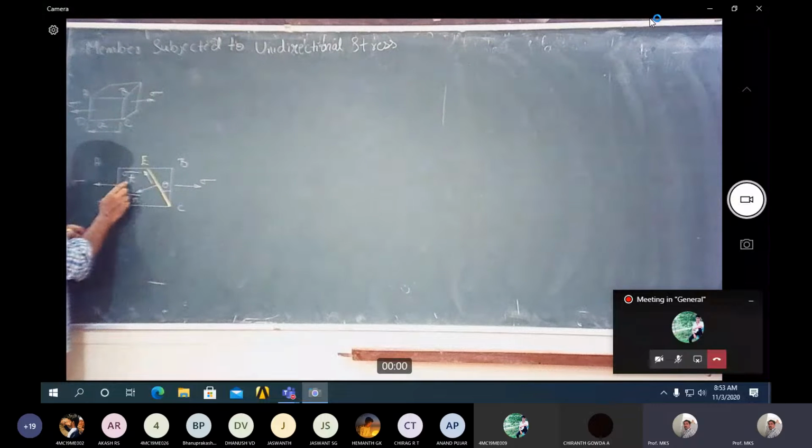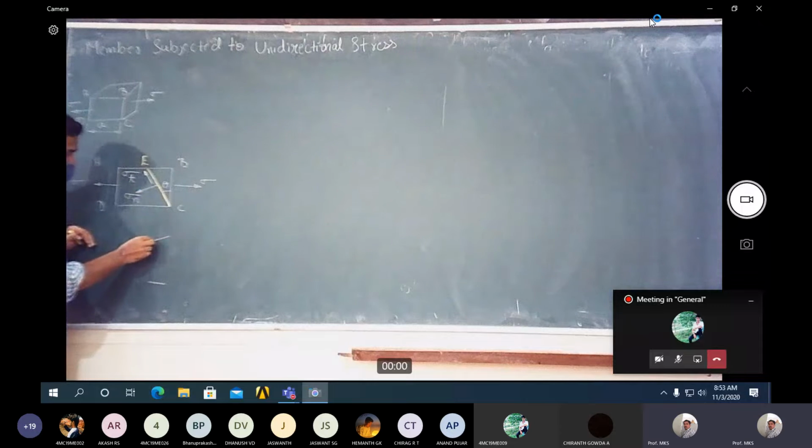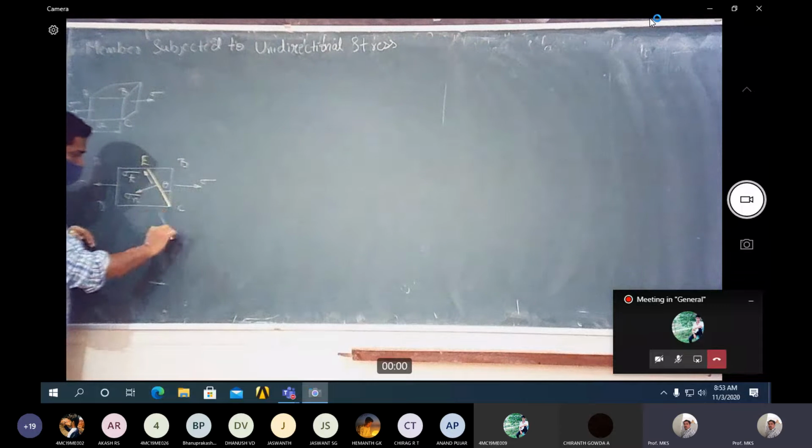So here you need to be careful to resolve the forces. Whatever direction we have considered here, I take as positive. I have taken the normal force in this direction and the tangential force in this direction, so I take these as positive.